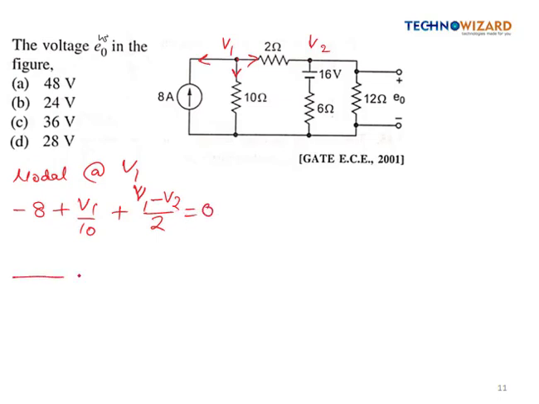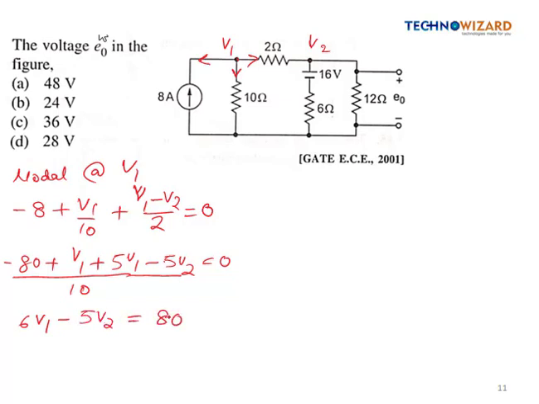After taking the LCM, which is 10, it will be minus 80 plus V1 plus 5V1 minus 5V2 is equal to 0. So it will be 6V1 minus 5V2 is equal to 80. So this is equation 1.